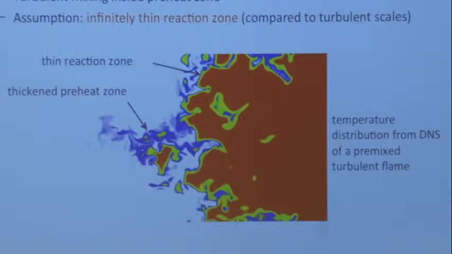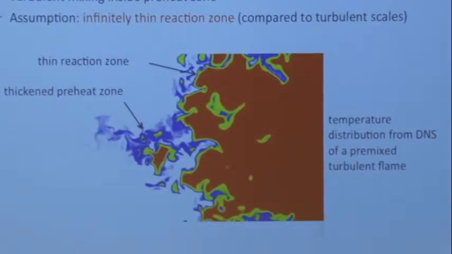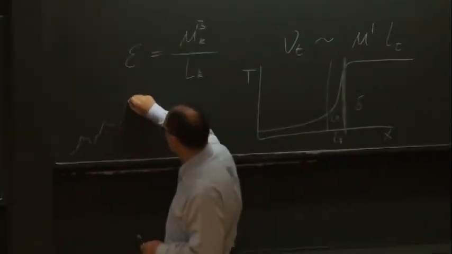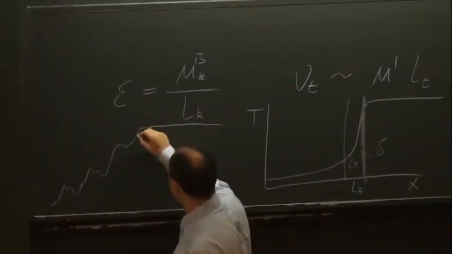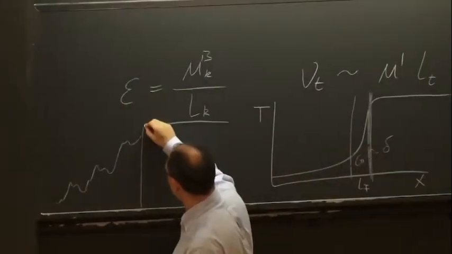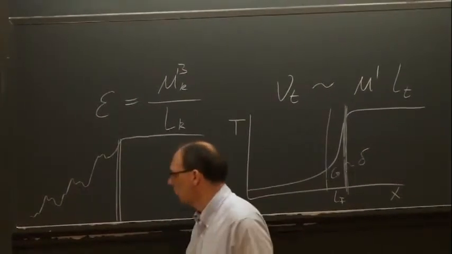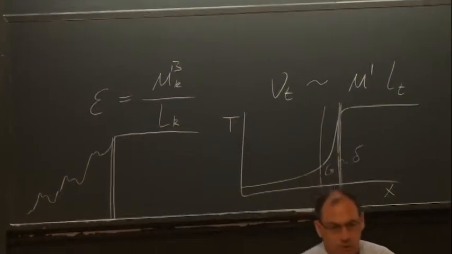So rather than having a thin flame like this, maybe I have something that looks like this. Okay, and then the reaction zone maybe would still be here.